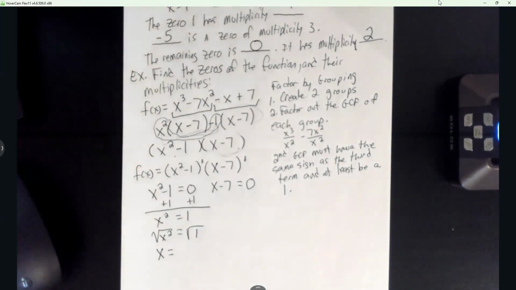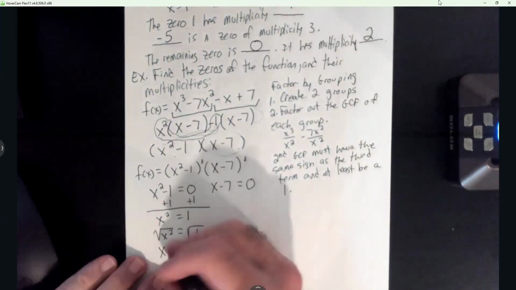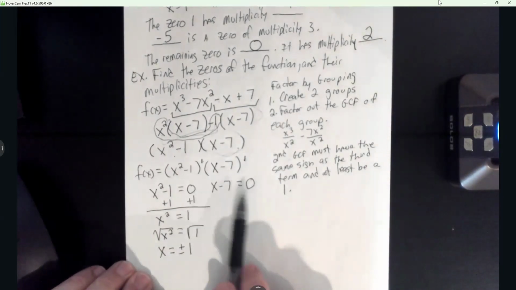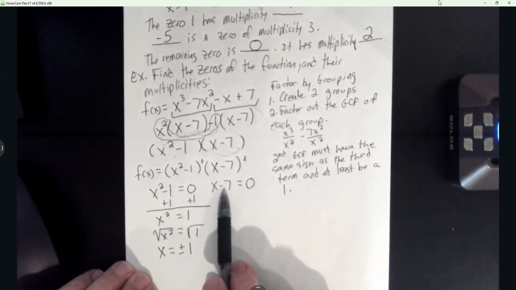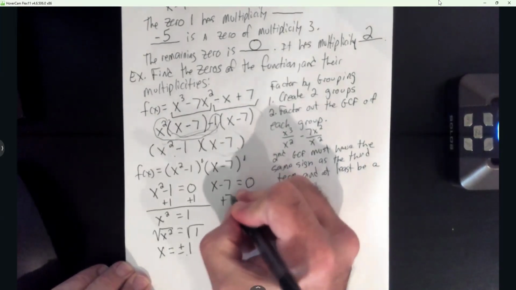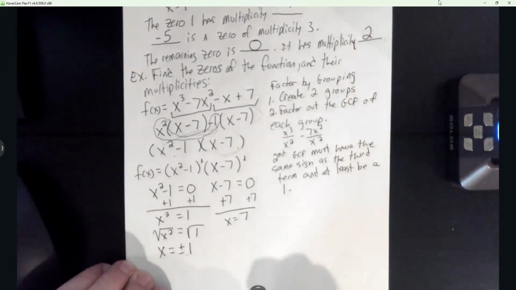Oh, good job, Justin. You're on the ball now. So that is definitely a 1 and negative 1. So I'm just going to call that a plus or minus 1. And over here, so that's 2 of them, 1 and negative 1. And then here, we're just going to add 7 and get x equals 7.